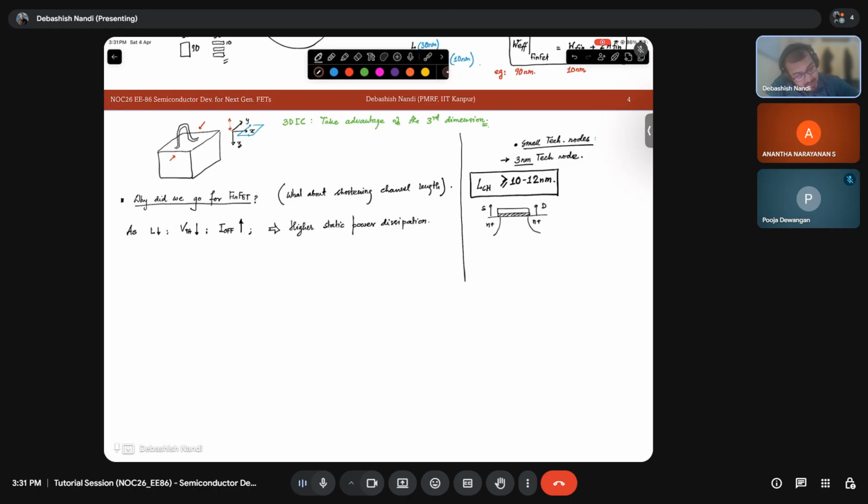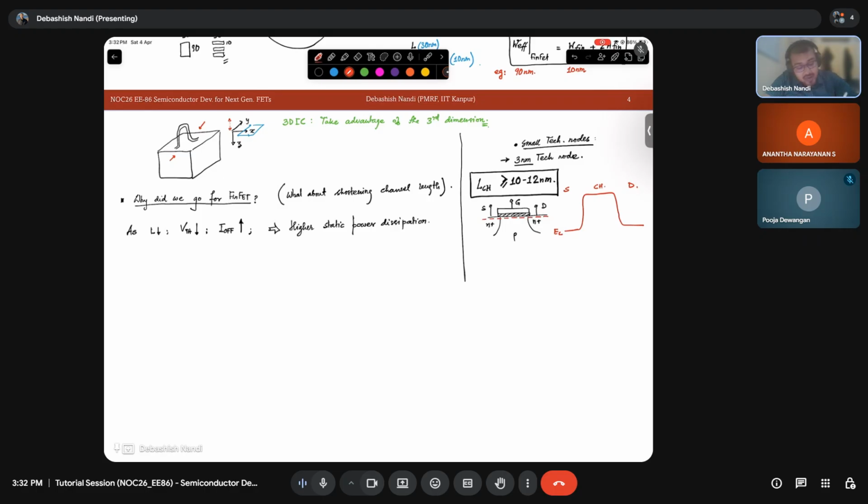So what will happen if I, okay, let me just draw the band diagram quickly. In the off state, your band diagram will be something like this, right? This is your EC. I am drawing the band diagram at this level. So this is nothing but source, channel, drain.